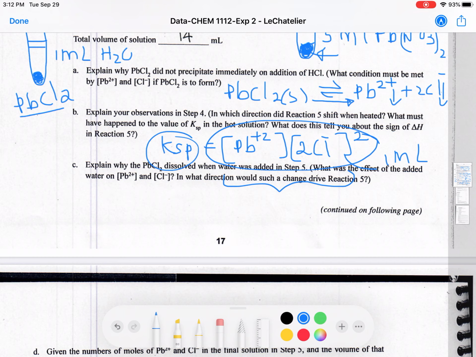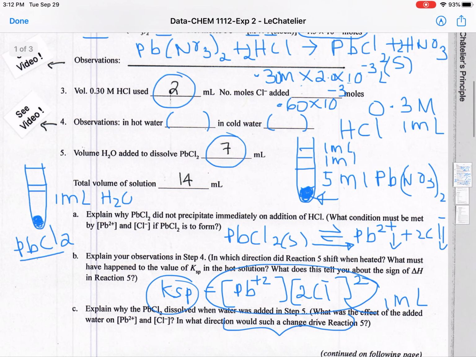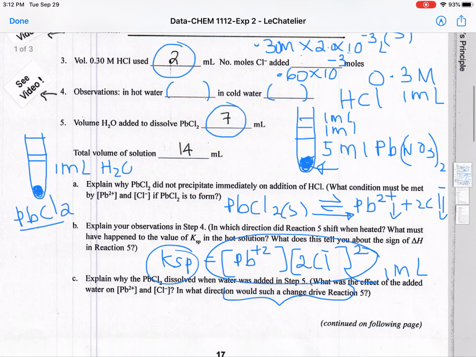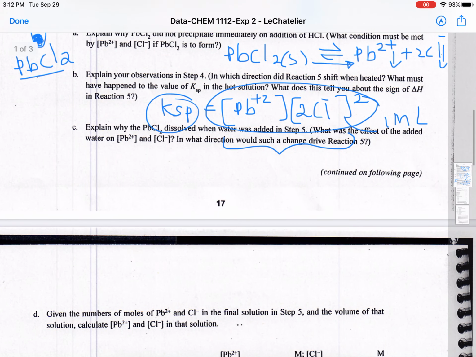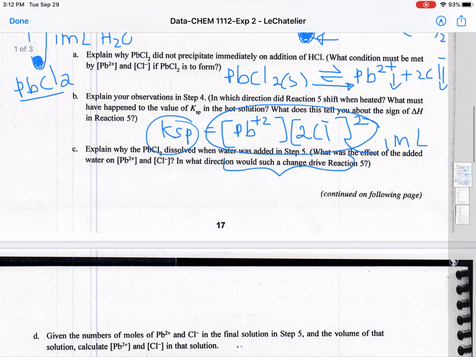B. Explain your observation in step 4. In which direction did reaction 5 shift when heated? Observation in step 4. So step 4 is the observation in hot water. In which direction did reaction 5 shift? So what is reaction 5?